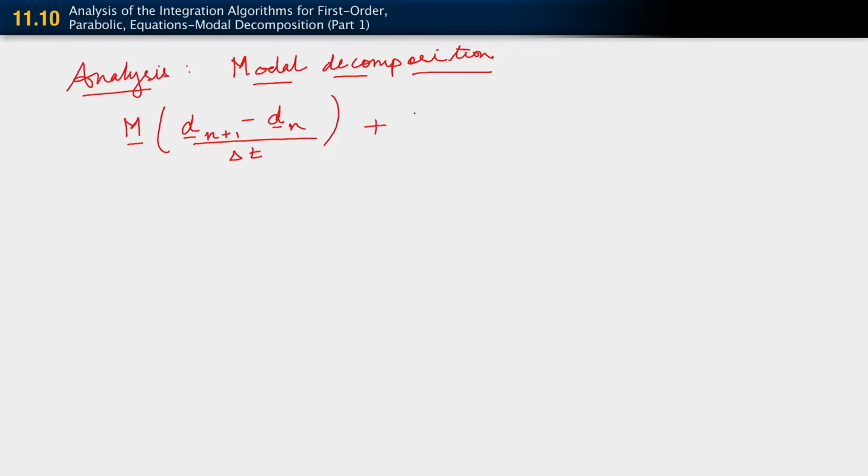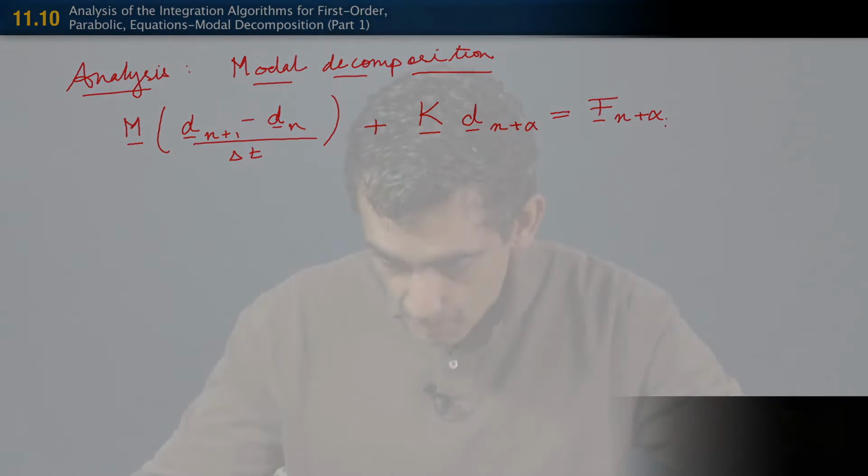Now, where the Euler family comes in is when we say that everything else is evaluated at n plus alpha. This is how we want to view it. One more thing.